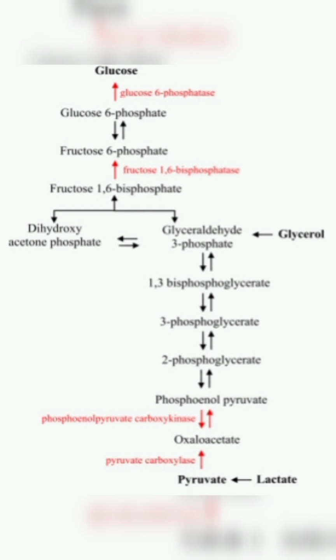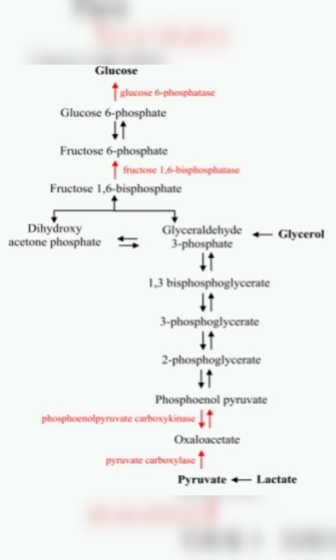This fructose 1,6-bisphosphate becomes fructose 6-phosphate with the help of the enzyme fructose 1,6-bisphosphatase, which removes one phosphate group. Then fructose 6-phosphate becomes glucose 6-phosphate with the help of an isomerase enzyme. Glucose 6-phosphate then loses another phosphate group with the help of glucose 6-phosphatase, and ultimately it becomes glucose.